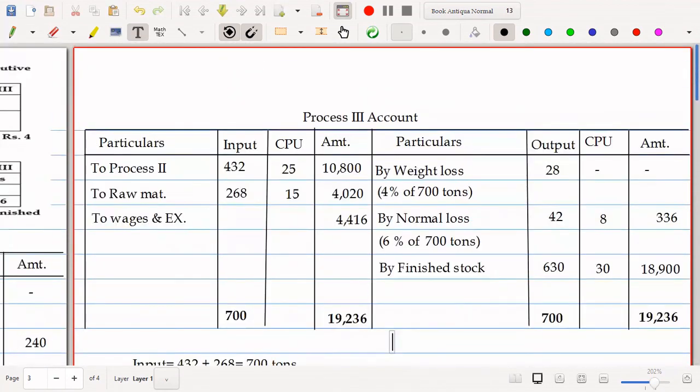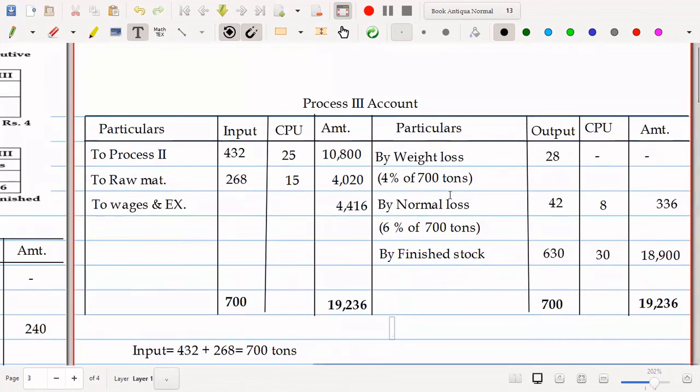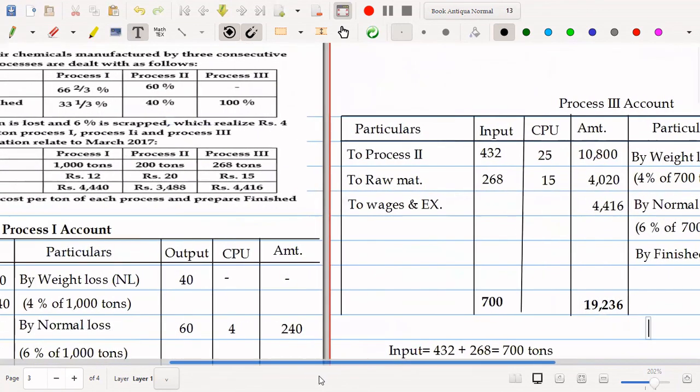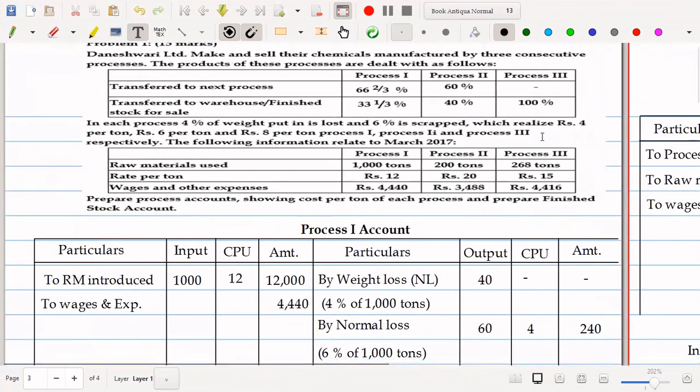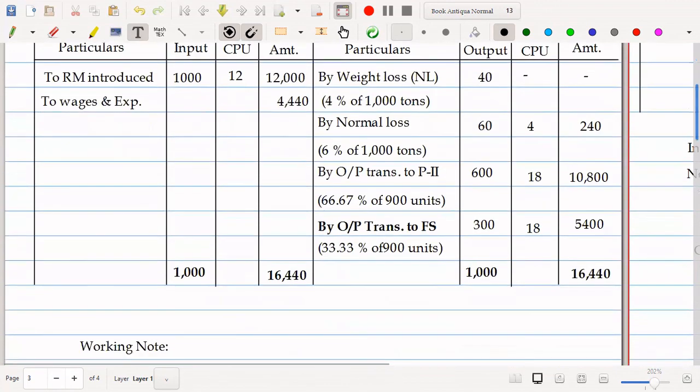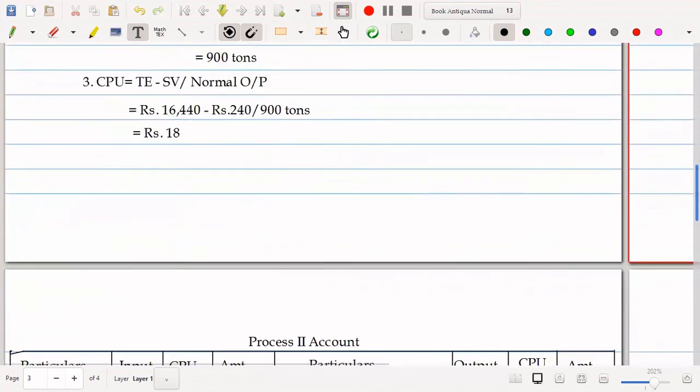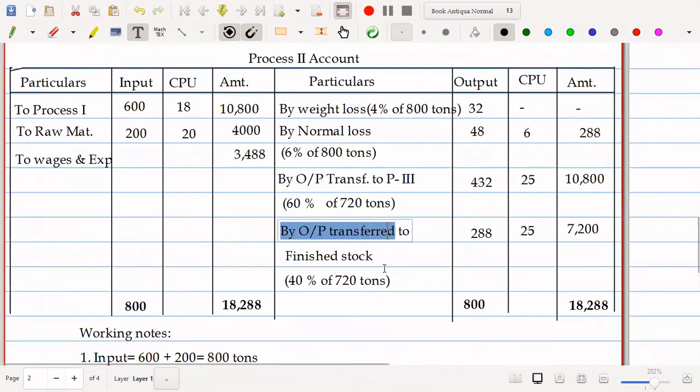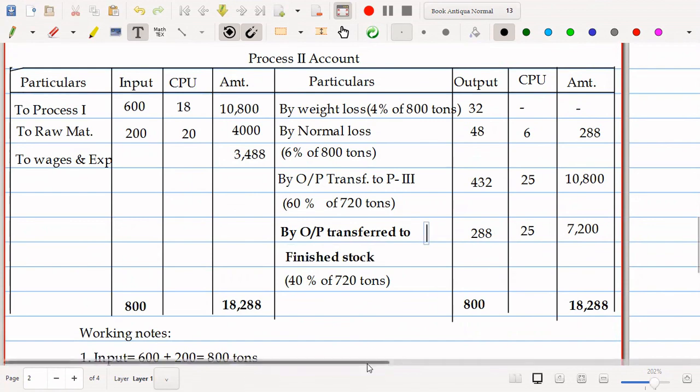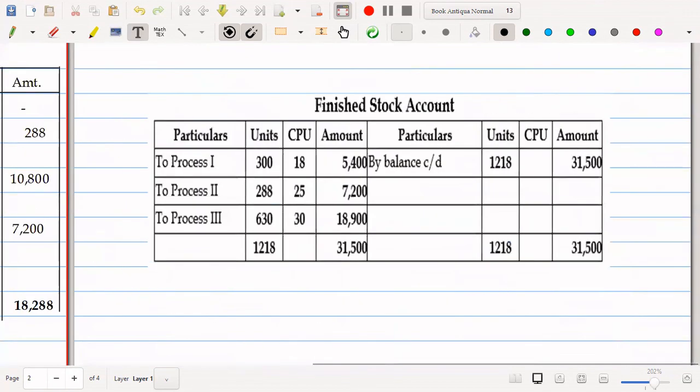And now a very important point: when you are told to prepare the finished stock account, in all three accounts there are entries made here in process 1, process 2 and process 3. There are entries given as output transferred to finished stock, on the credit side. In process 2 you can see here output transferred to finished stock, on the credit side, 88 units, and in process 3 also, as I showed you here, we have finished stock.